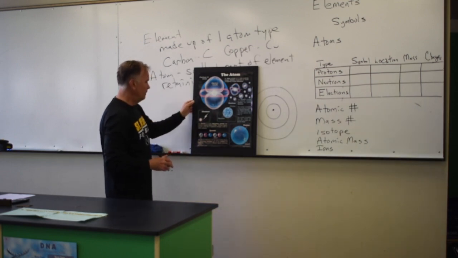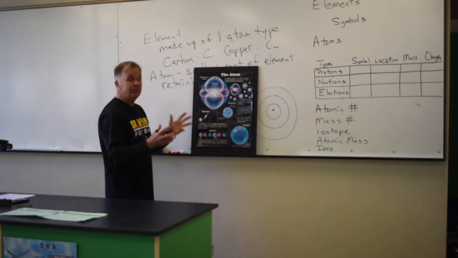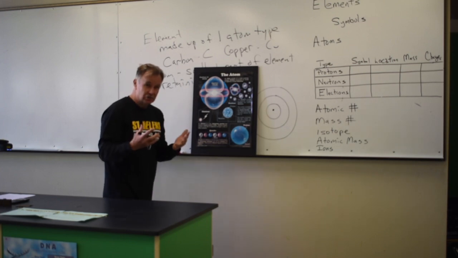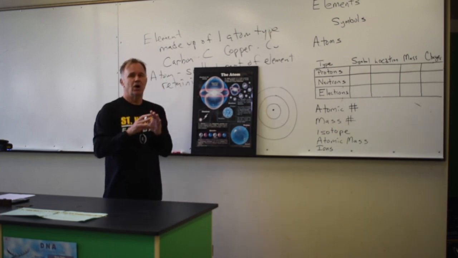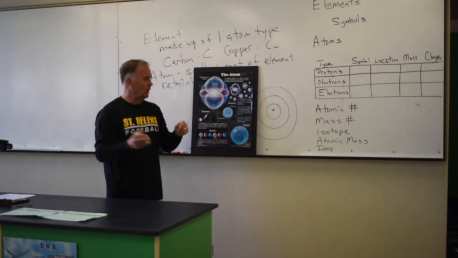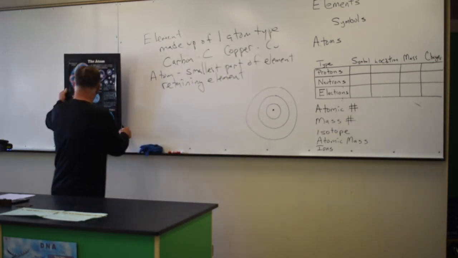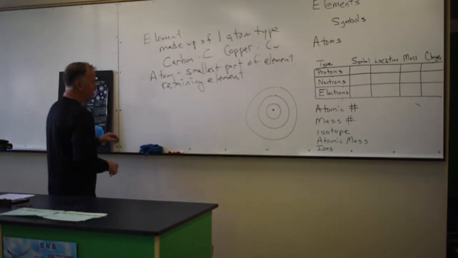So we use different models to help us because atoms are so small. They're so small you can't see them, so we make up these models which show the characteristics.